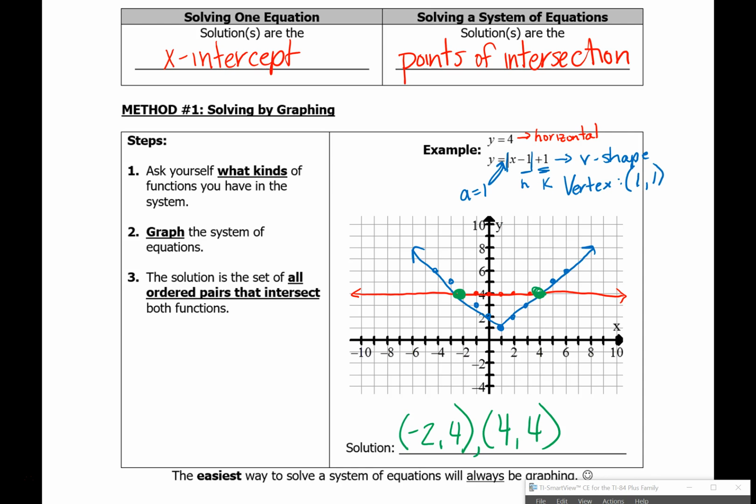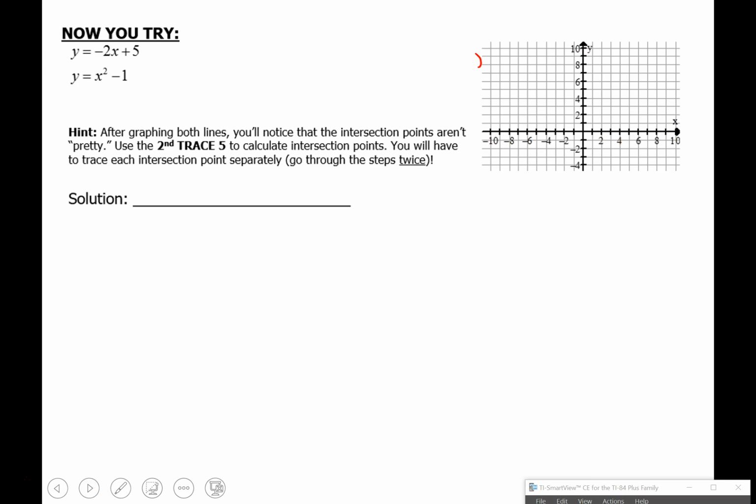There is a now-you-try problem on the bottom of this section that I want you to take a moment now to pause the video and try, keeping in mind that this first one, that's an x to the first power, which means it's a linear term. So you are going to have a straight line. And the second one, because of that square, is a quadratic term, which means you're going to be graphing a U shape.